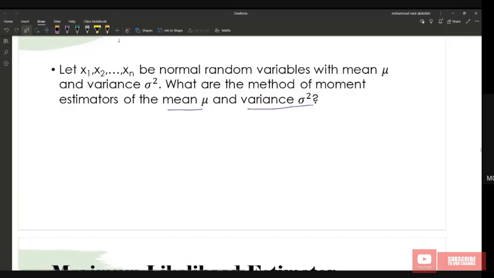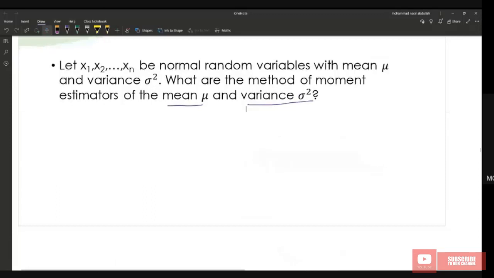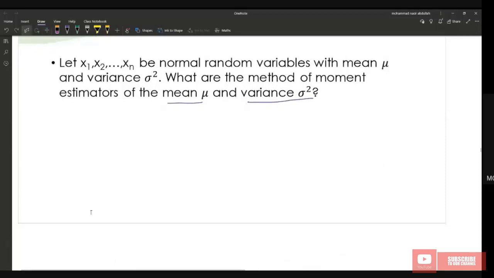So we know from here x1 until xn are normal random variables. To solve for the parameters mu and sigma, the expected value of x is equal to mu, right? And this is also equal to mu1 prime, which is also equal to x bar, right?